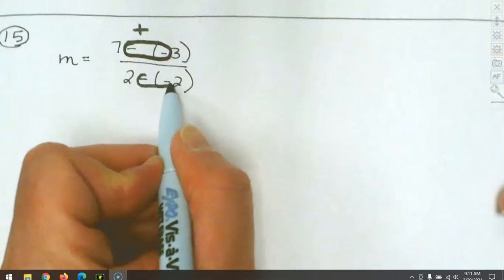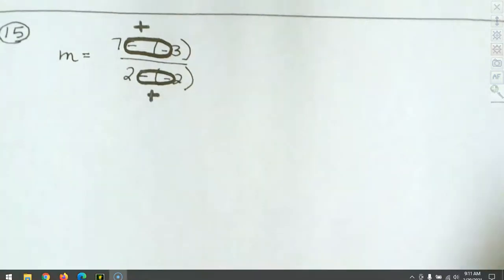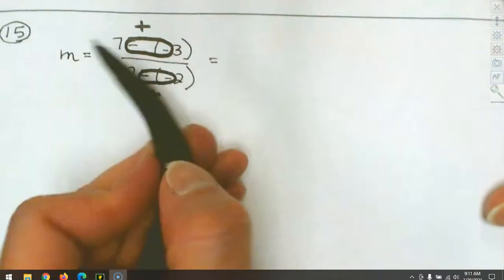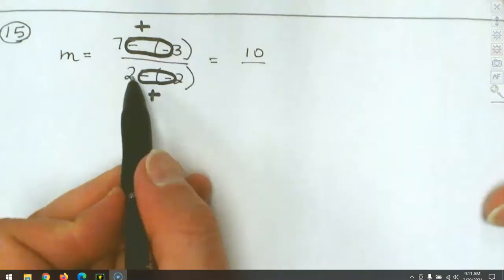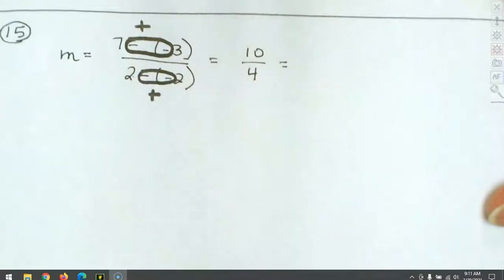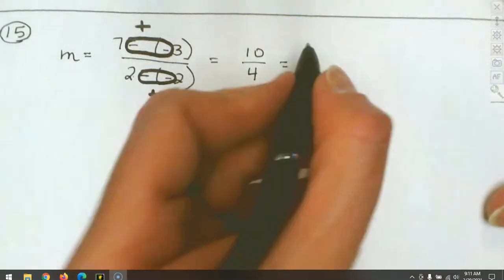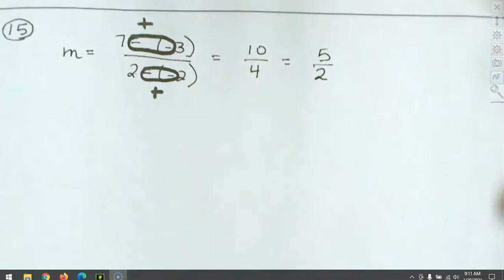So we've got double negatives in the numerator and in the denominator. So the numerator is now 7 plus 3, which is 10. The denominator is 2 plus 2, which is 4. And you always want to reduce that down as far as you can. So 10 over 4 then reduces down to 2 over 5.